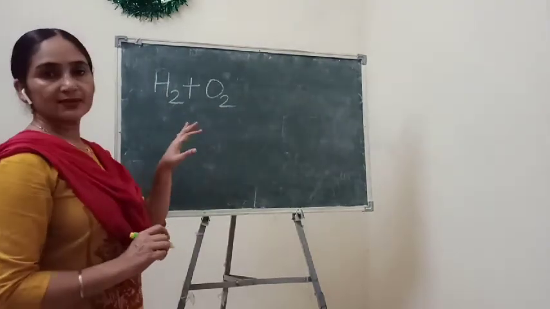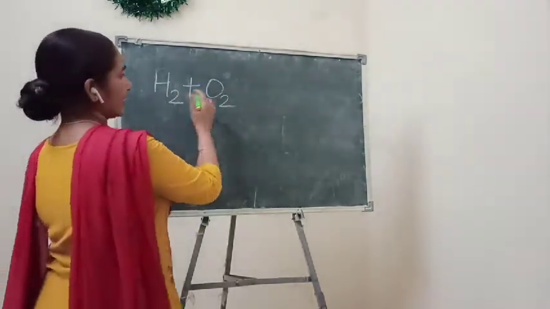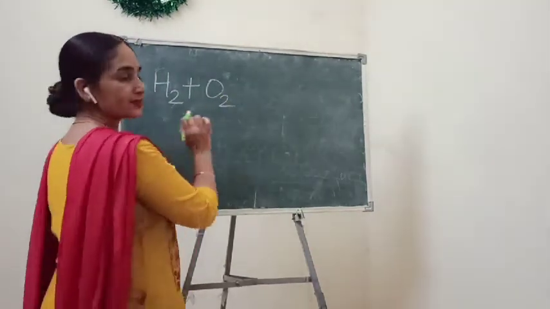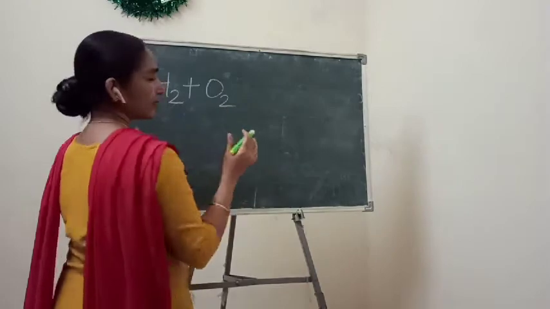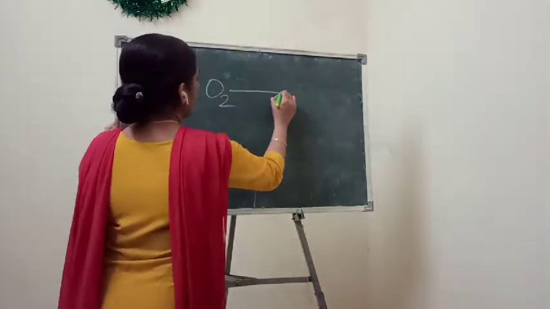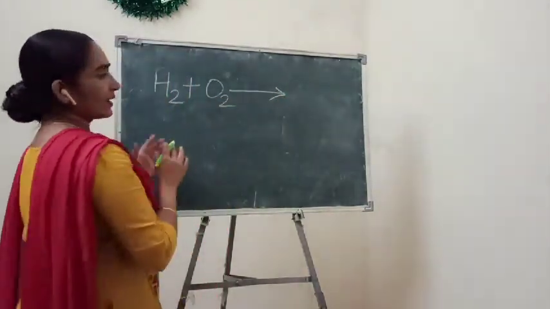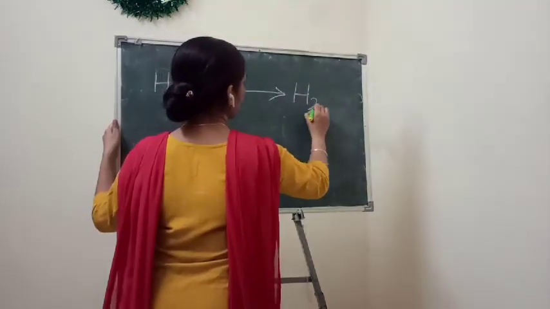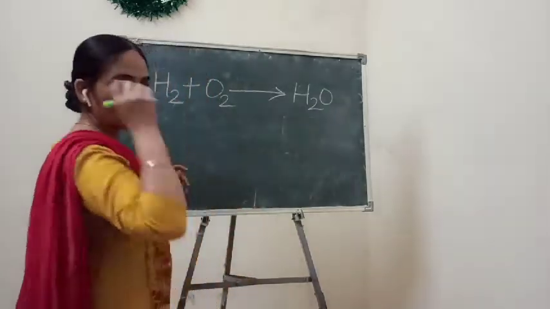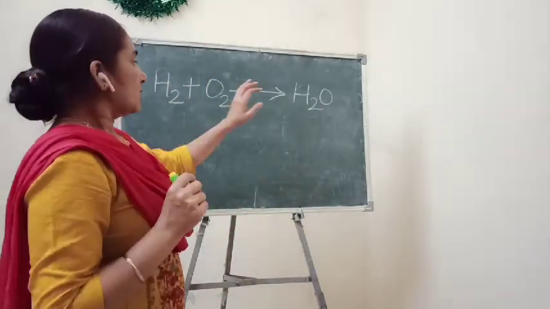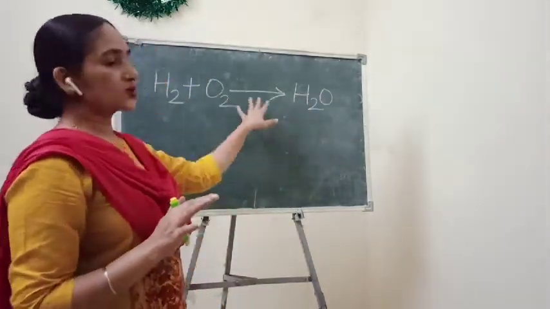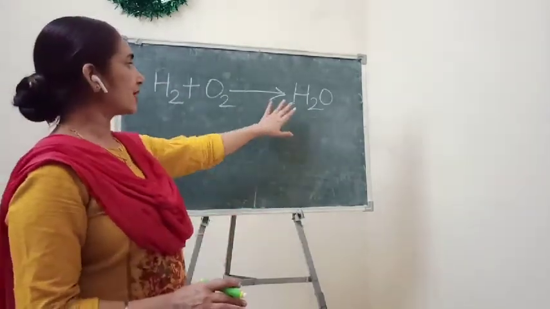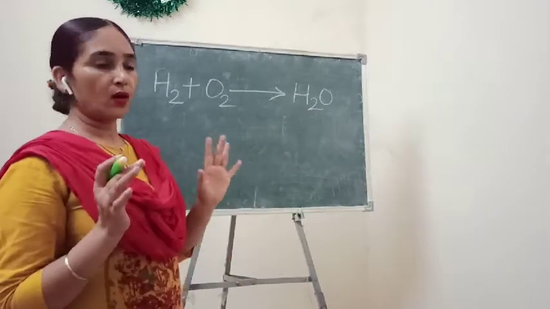So two reactants are there at the left side. One is hydrogen and the second is oxygen. When these two reactants react together, they will give us a water molecule. So water is H2O. Okay. So is this reaction balanced or not?